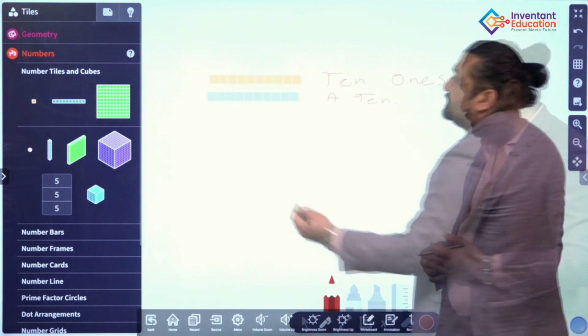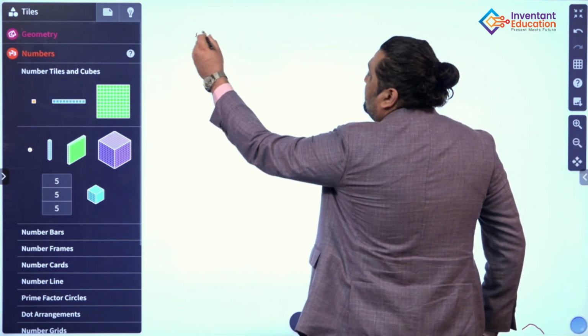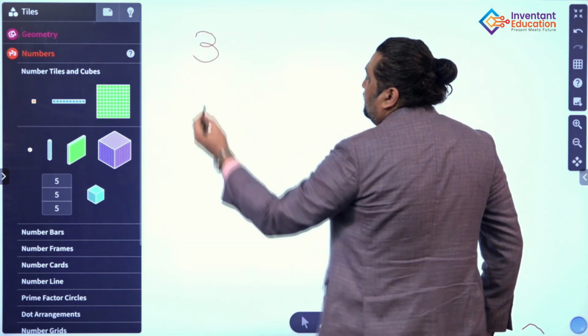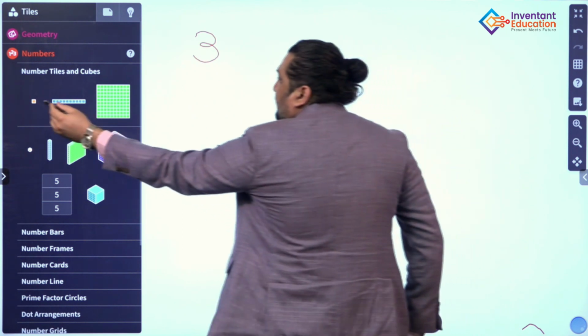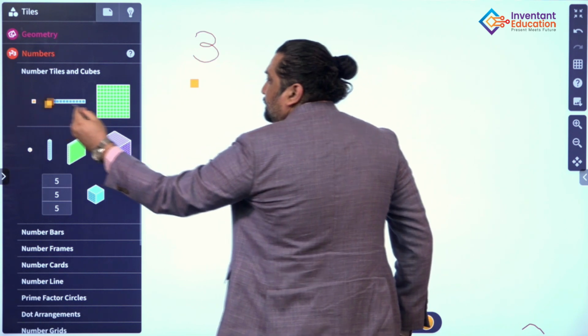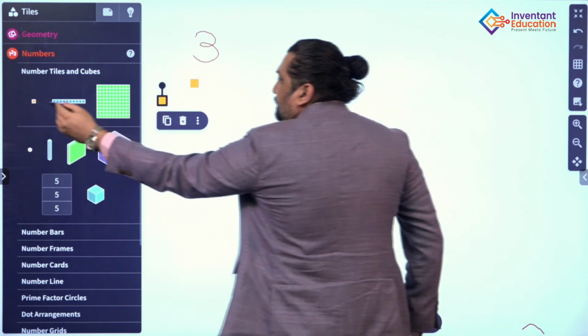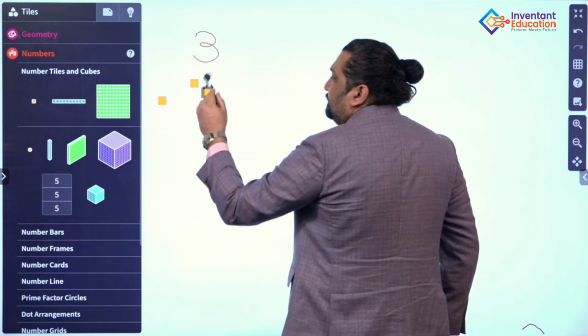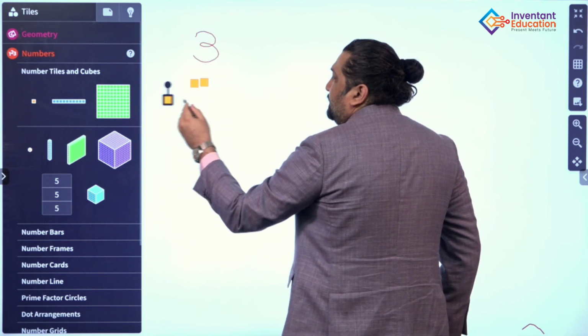Let us see how. If I have a number 3, I can drag 3 ones and arrange them to make my number 3.